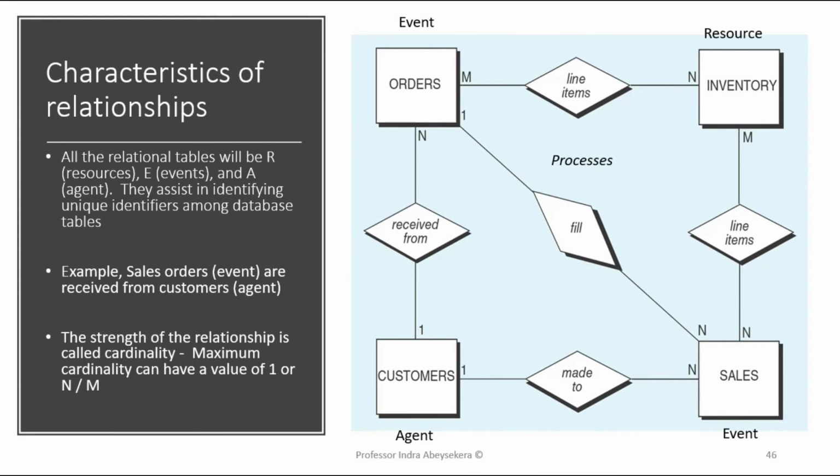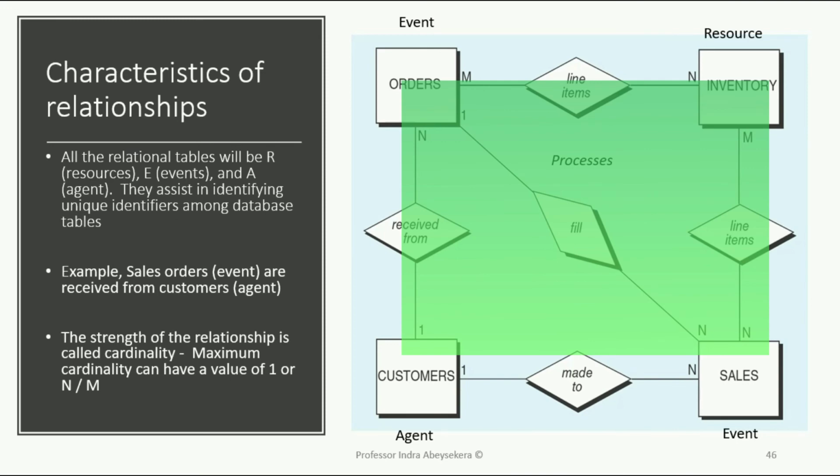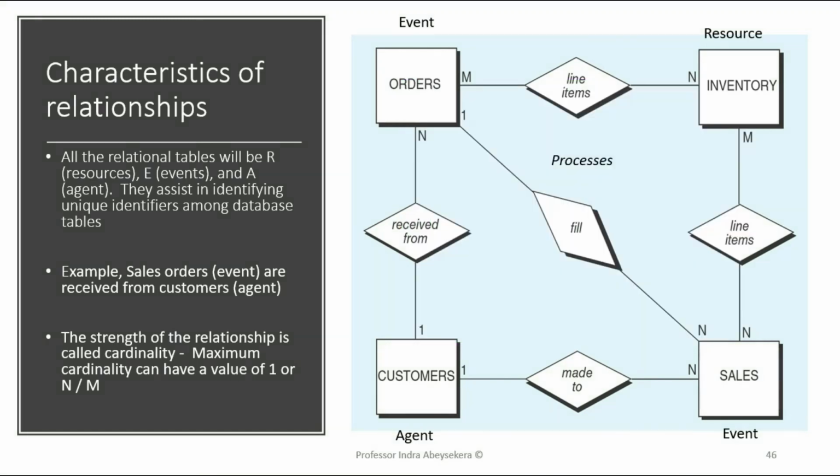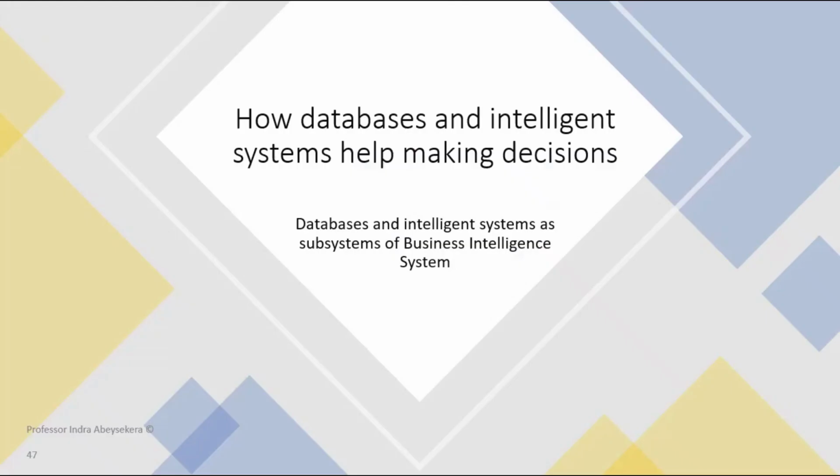And in this agent, resource, event relationship, there are various processes that get connected. And when we itemize these processes, there are activities, a collection of activities that take place.